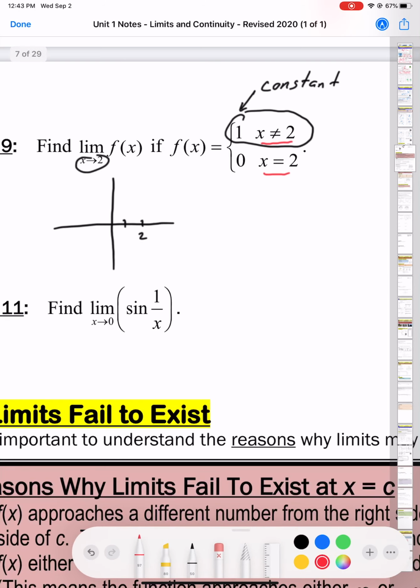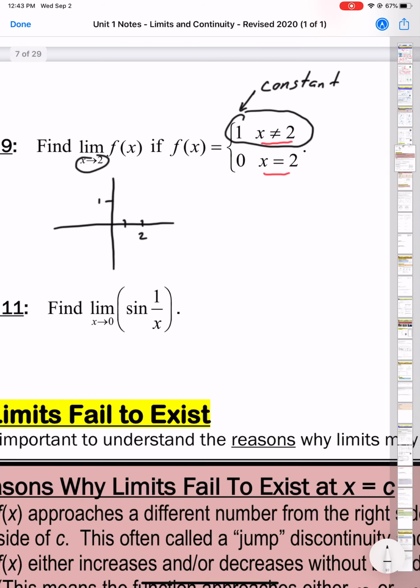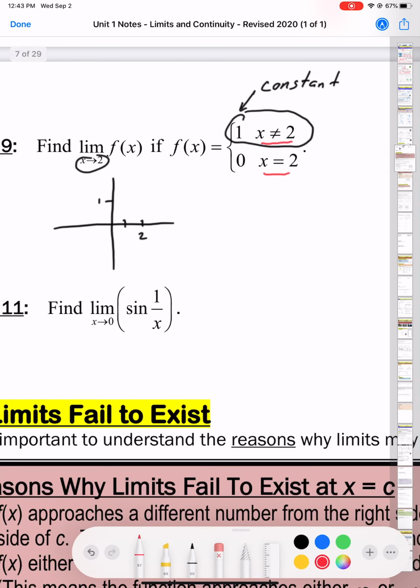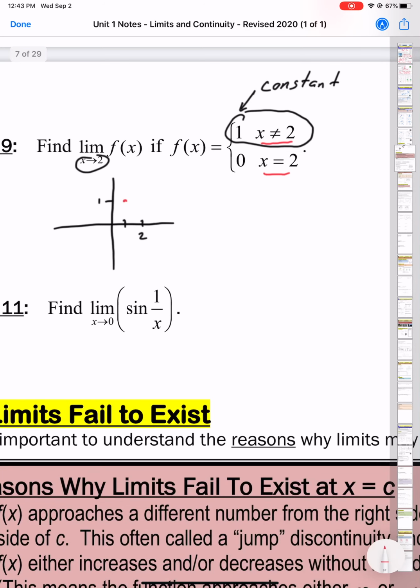So when we graph this, it's going to be at the y-coordinate 1, just a horizontal line anytime x isn't 2. So if x is 1, if x is 0, if x is negative 5, whatever. Or if x is 3, or x is 7, or anything. So basically everywhere except 2, we're just going to have this constant function.